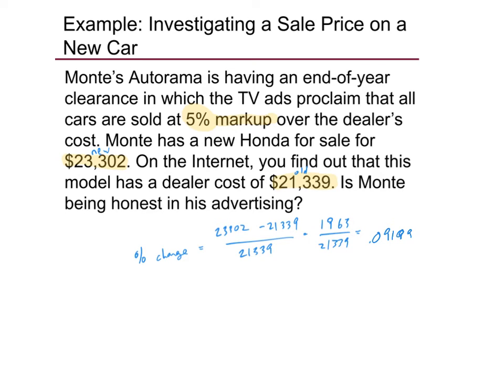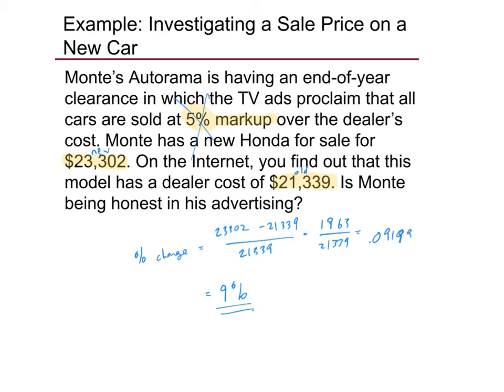Okay, those are some funky looking nines there. So that is equal to, let's round this to the nearest percent, 9%. Okay, so we have disproved their 5% markup. Their advertisement is false. So that's how that works.